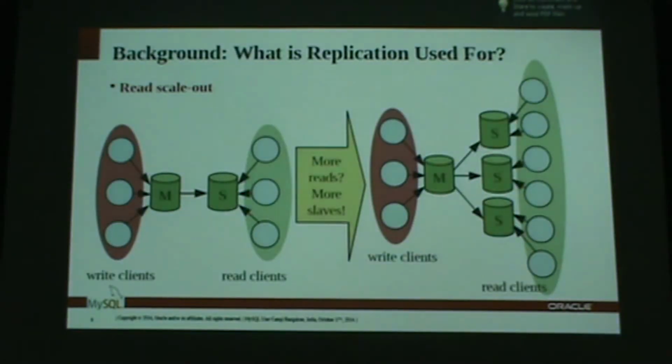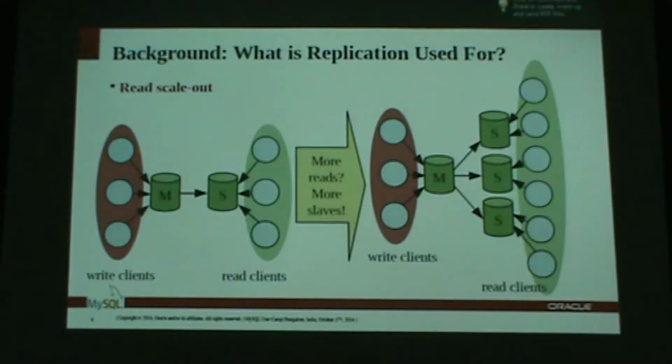Another purpose is read scale out. So you have a master, you have a slave. Let's say all the write clients are connected to the master: insert into T1, insert into T2, insert into T3. These insertions are happening, and some people want to read the data, so they will be read clients.